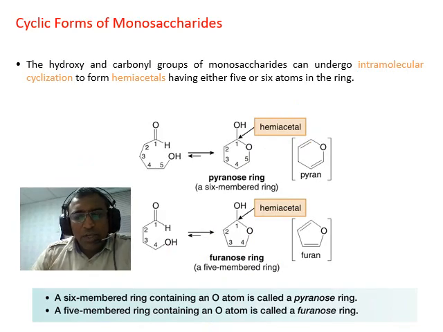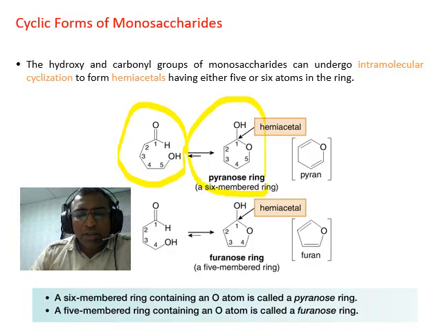Here we look into that in physiological condition, actually the acyclic structure of the monosaccharide is not favored. This is the acyclic structure. By right, it should be in cyclic manner, and here the joining of the cyclic structure takes place, and then it could be either a 6-membered ring.